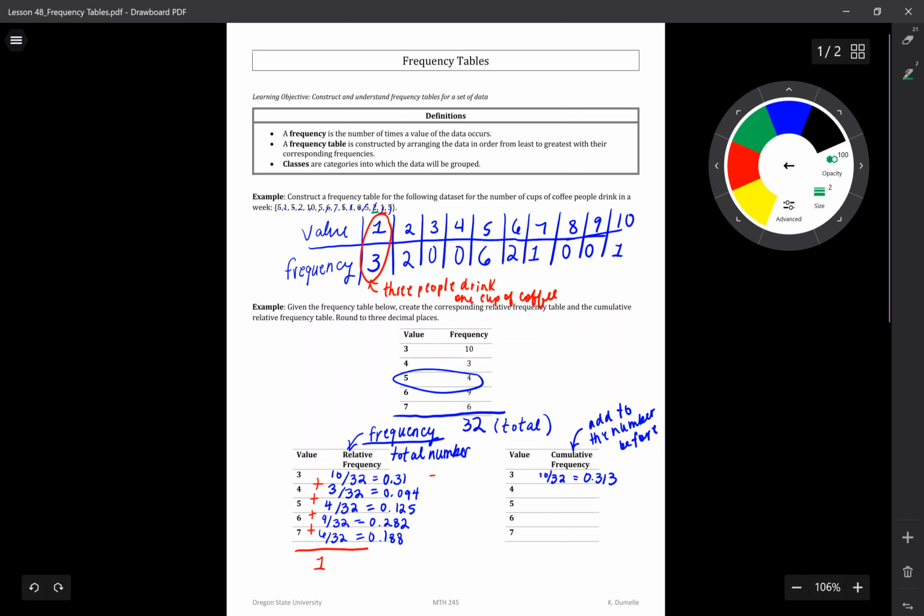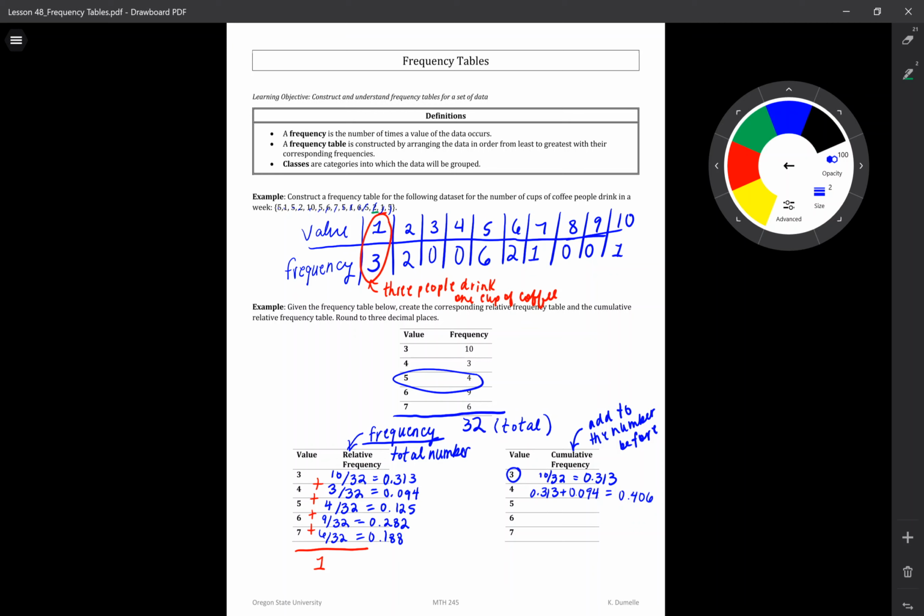This word cumulative means all together. So I take 0.313, that's the frequency for 3, and I add to it the relative frequency for 4, so plus 0.094, which is equal to, let's see here, 0.406. So that means that 40.6% of the data is accounted for in the values 3 and 4.